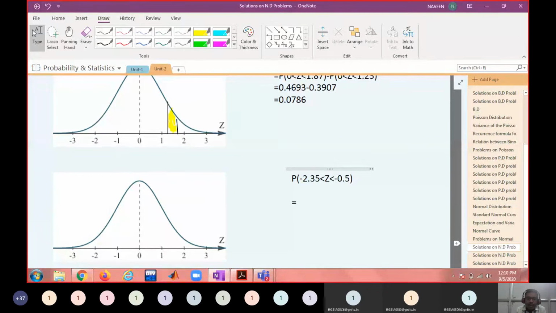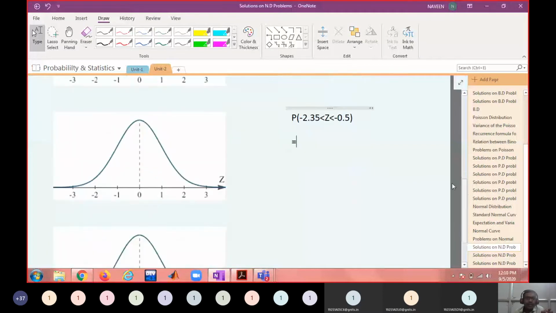Now both z values are on the negative side of the z axis. Okay. So minus 2.35 is here. Minus 0.5 is here.